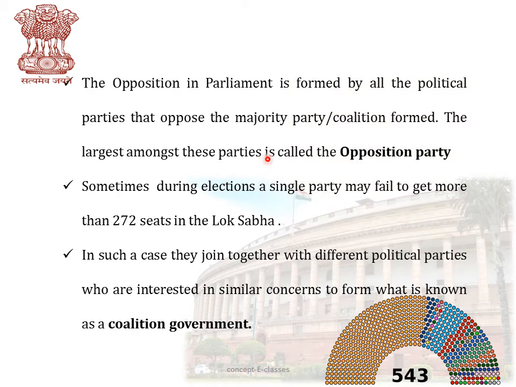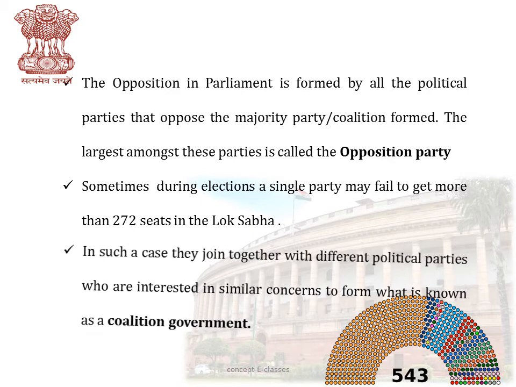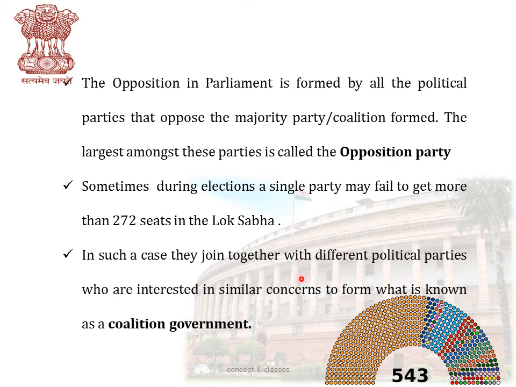Now, sometimes during elections, a single party may fail to get more than 272 seats in the Lok Sabha. That is, to form a government, a party should have 272 or more seats, and sometimes a single party may fail to get so. In such a case, they join together with different political parties who are interested in similar concerns to form what is known as a coalition government.